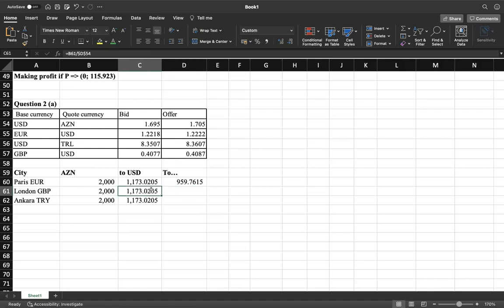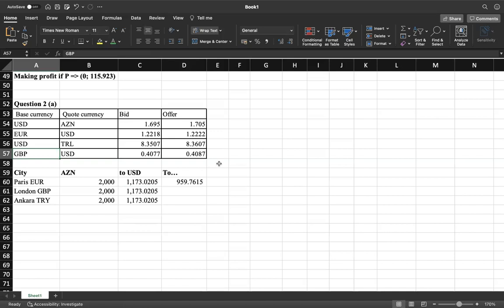So I have this amount of USD and I want to convert it to British pound, which means I am selling my USD and getting British pound. But at which rate can I get British pound? The offer rate, the British pound offer rate, because its base currency is GBP. 1 GBP is equal to 1.3087 USD.